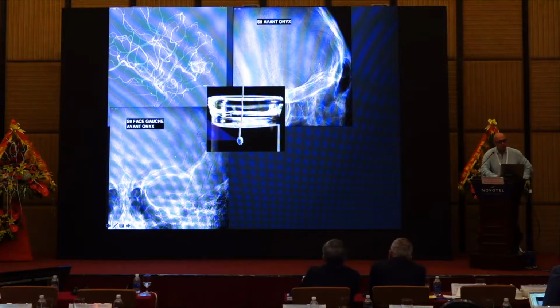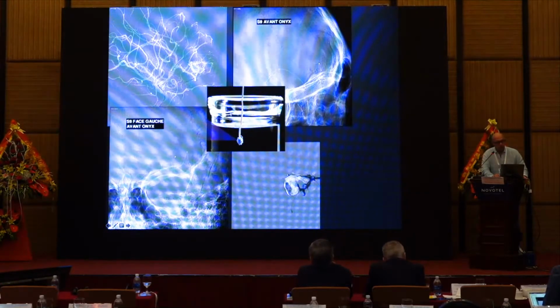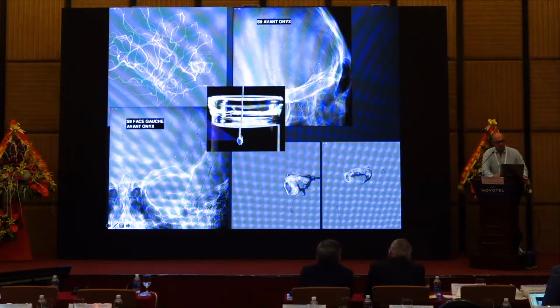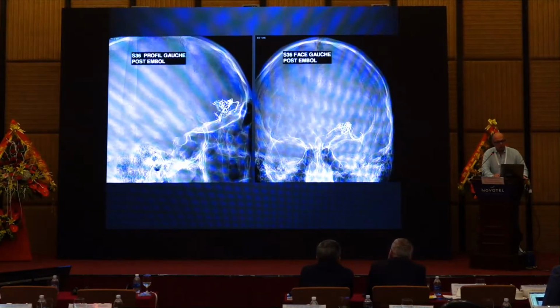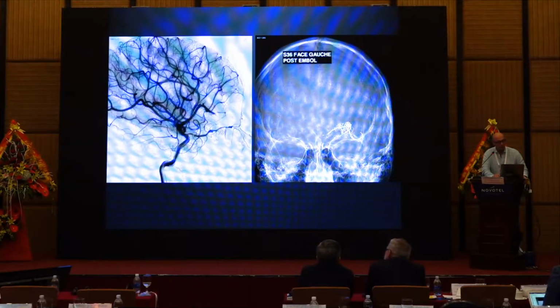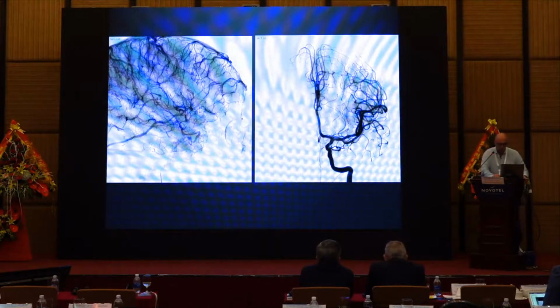You can see here how the Onyx reacts when you inject it inside a liquid material, then it precipitates like this. And this is injection of the Onyx and how it looks on plain X-ray after, and this is the final result of injection of Onyx inside this AVM.